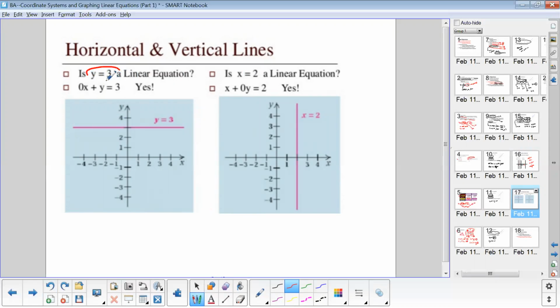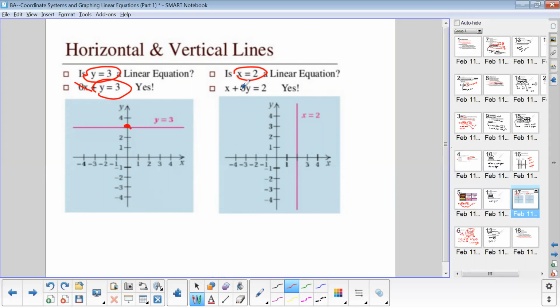Y equal 3. Is it a linear equation? Absolutely. It just means that for us to have just the y, the coefficient of x had to be 0. So when that disappears, you're left with y equal 3, and it crosses the y-axis at 3. Is x equal 2 a linear equation? Yes.